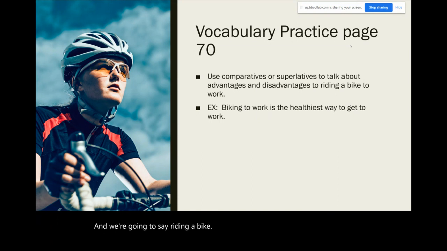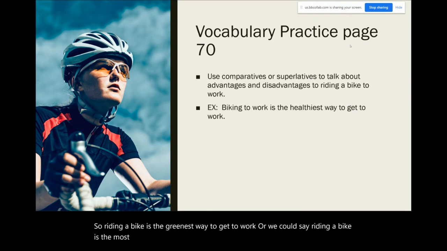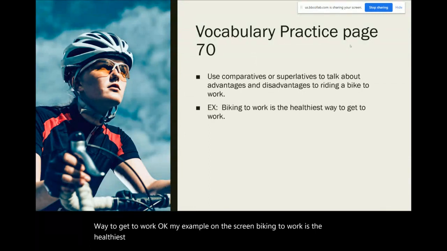Right. Riding, because when you drive, it's with gasoline. Okay. So riding a bike is the greenest way to get to work. Or we could say riding a bike is the most environmentally friendly way to get to work. Okay. My example on the screen, biking to work is the healthiest way to get to work.